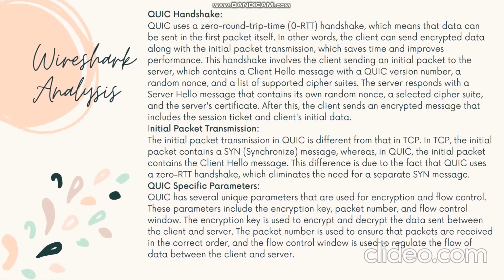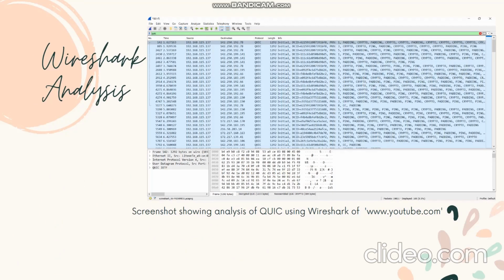The QUIC handshake. QUIC uses zero round trip time, which means that data can be sent in the first packet itself. In other words, the client can send encrypted data along with the initial packet transmission, which saves time and improves performance. If you go back, you can see that the word Initial is written there. It means that we visited this website in recent time.